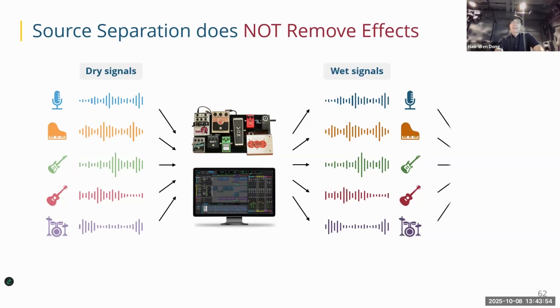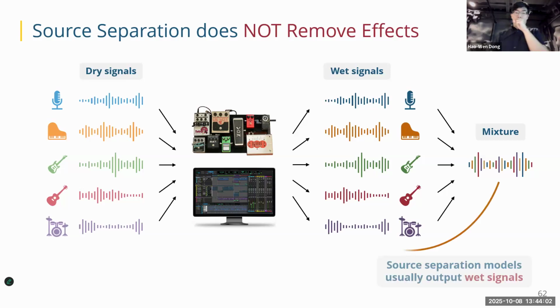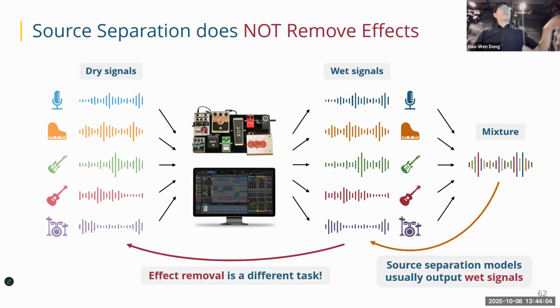But that's not the topic of source separation. So you always get the wet signals rather than the dry signals that come before the effects. Those are called effect removal. We will talk a little bit about it at the end, in the later part of this course.